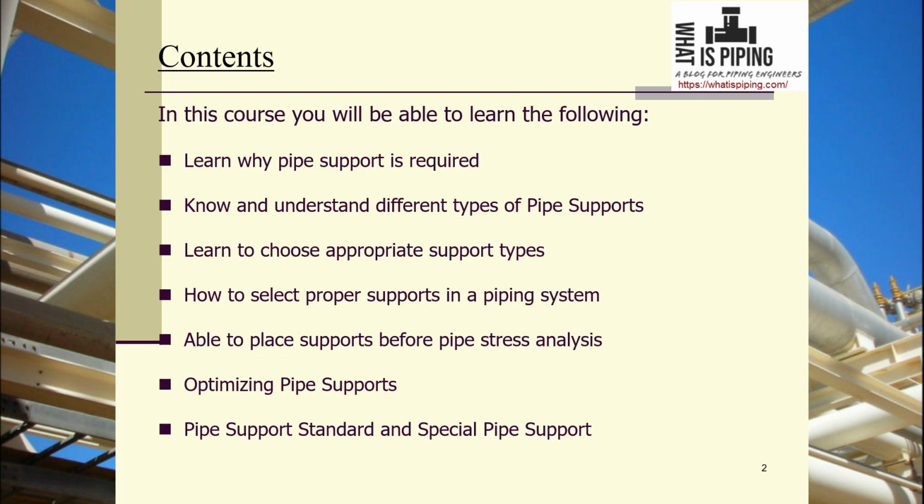And finally you will be learning a brief about pipe support engineering considerations: while providing supports and selecting from the support standard, what points you should take care of for your support selection and other things. This is the brief overview of all the points which will be covered in this course.